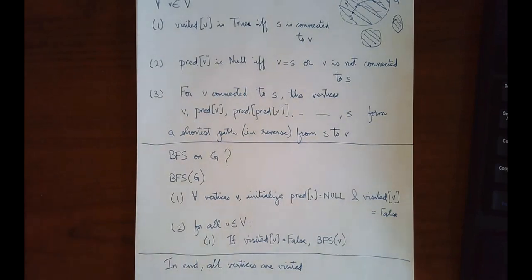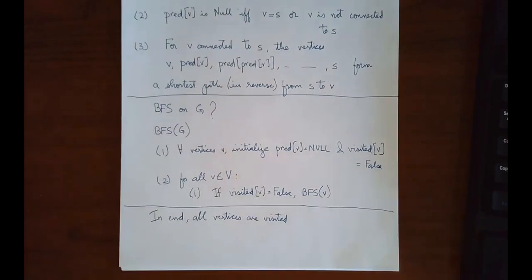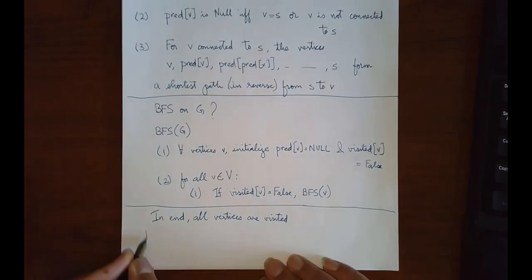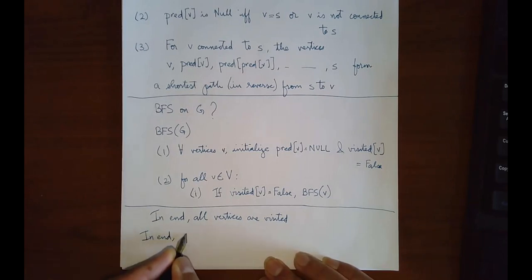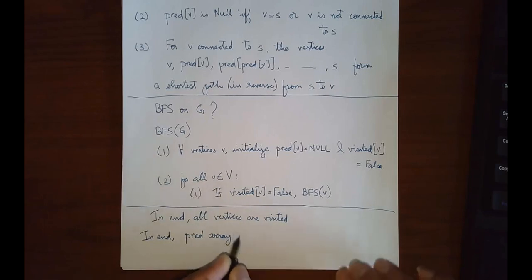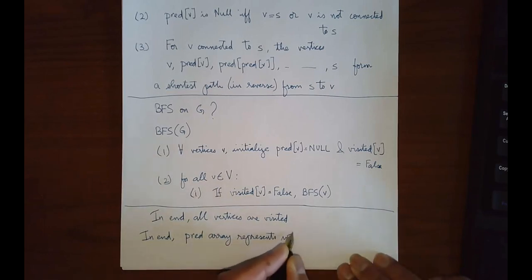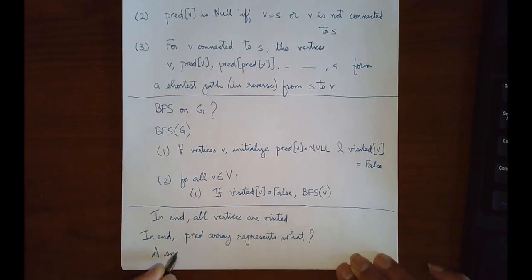So let me ask you a question here. In the end, the predecessor array represents what? Is it a single tree? Many trees? Is it not a tree?